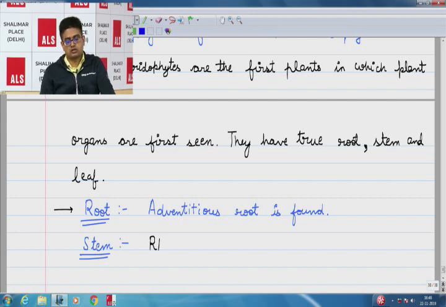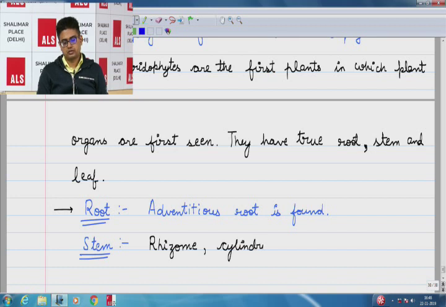It is called rhizome. Okay. Flat cylindrical rhizome or cylindrical rhizome runs parallel to ground.